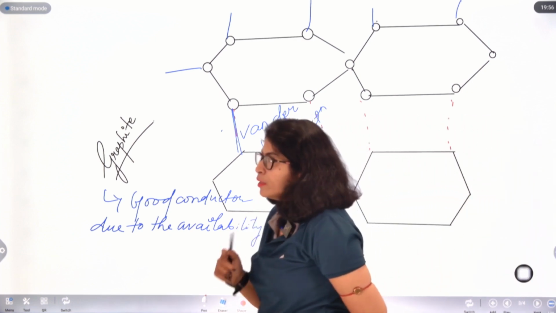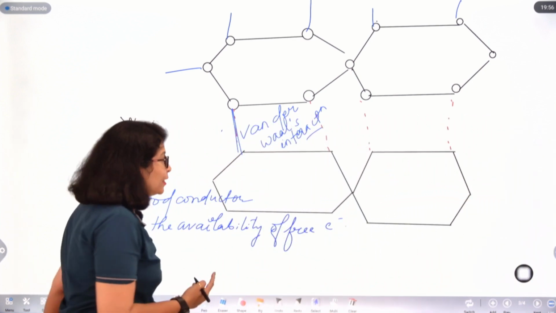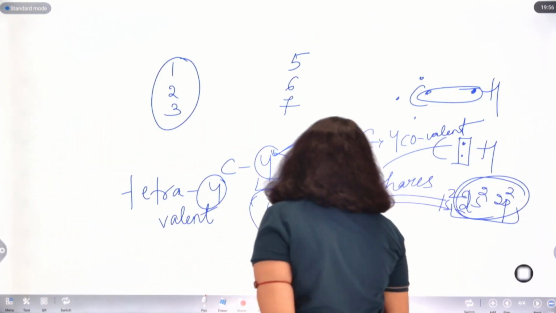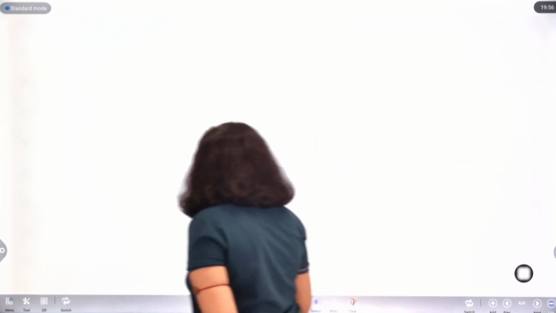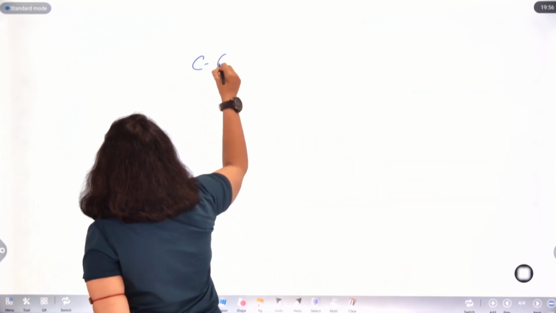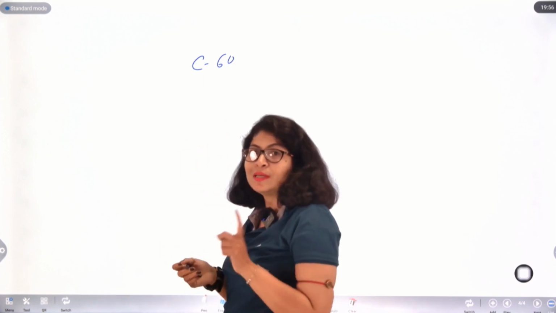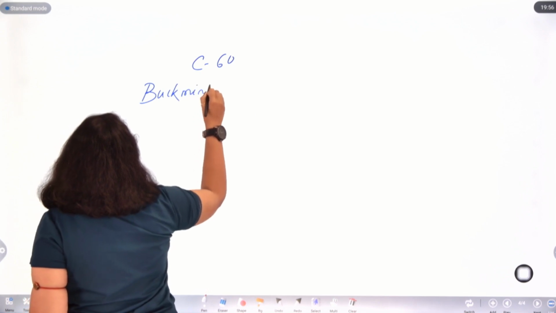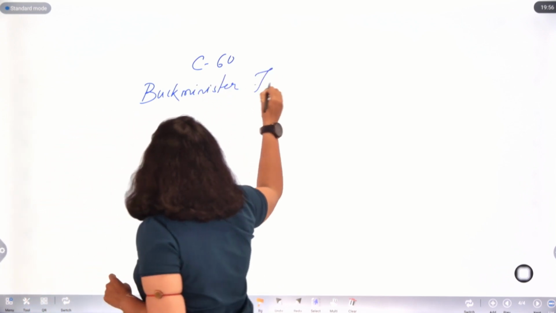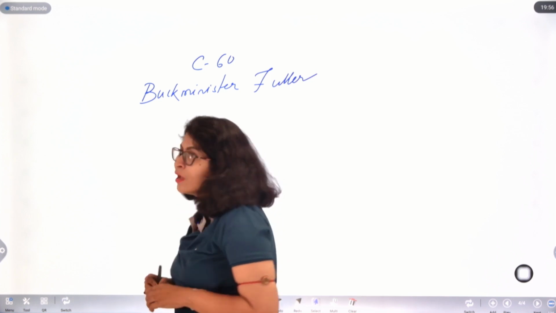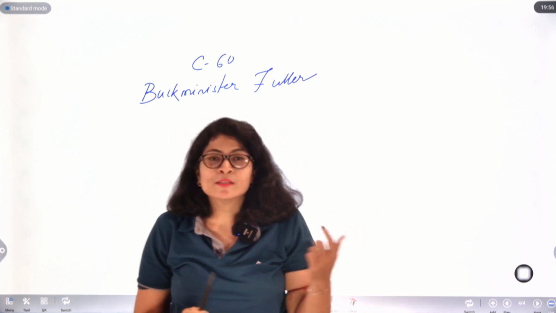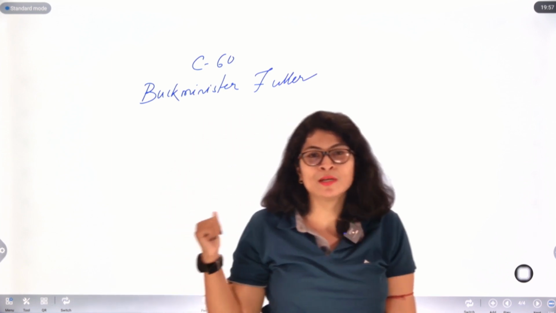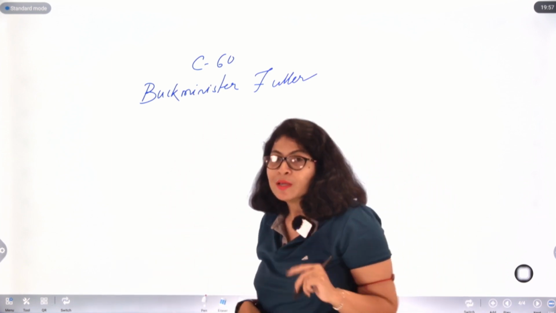Now what about our last allotropic form, Buckminster fullerene? Buckminster fullerene is a carbon-60 compound, and it was named after Buckminster Fuller, who was an architect designing dome-shaped buildings and monuments.